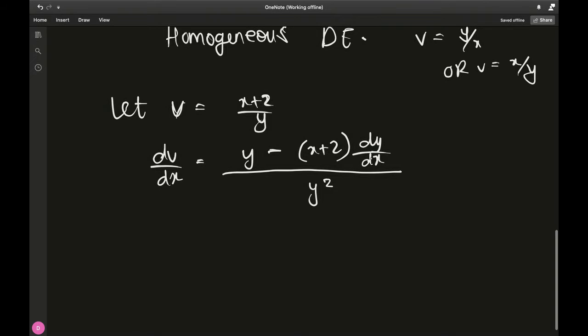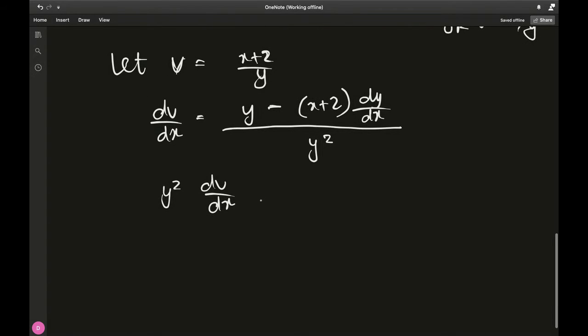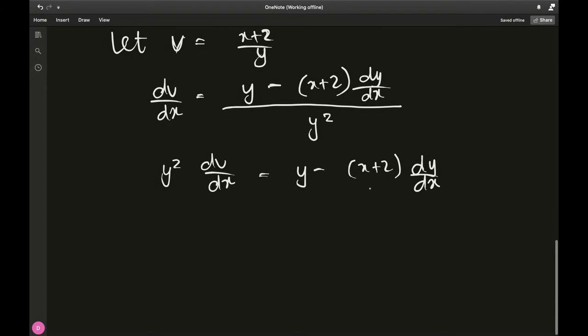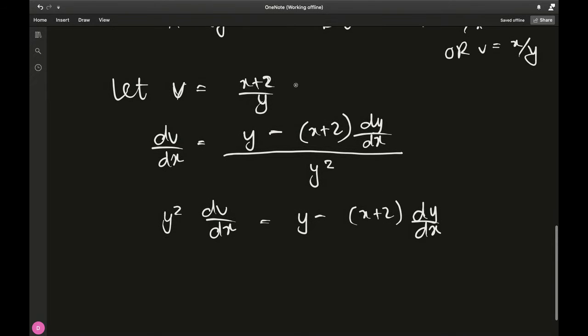Okay, let's isolate dy over dx now. We have y squared dv over dx is equal to y minus x plus 2 dy over dx. I can actually make a substitution for y. Y from this is nothing but x plus 2 over v.